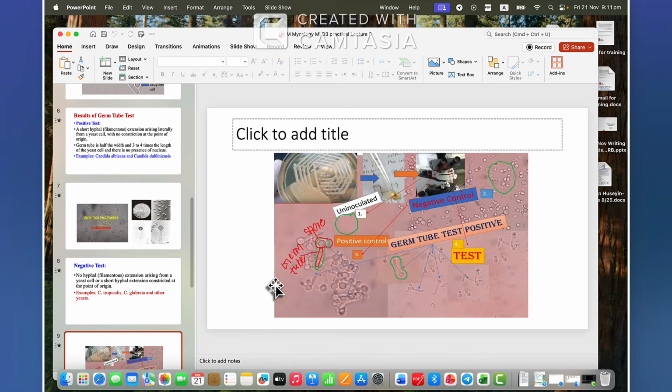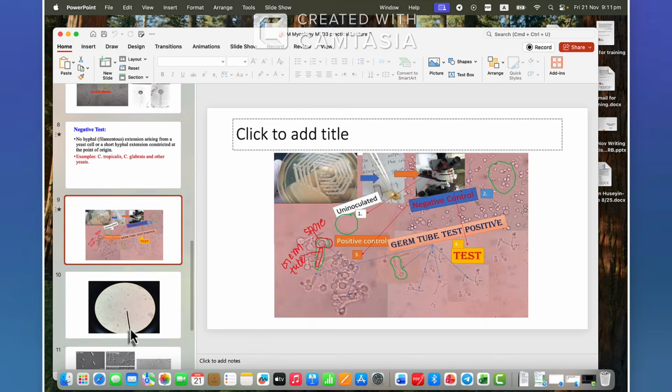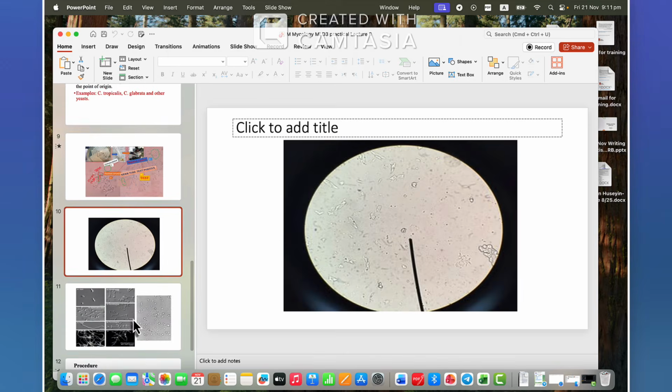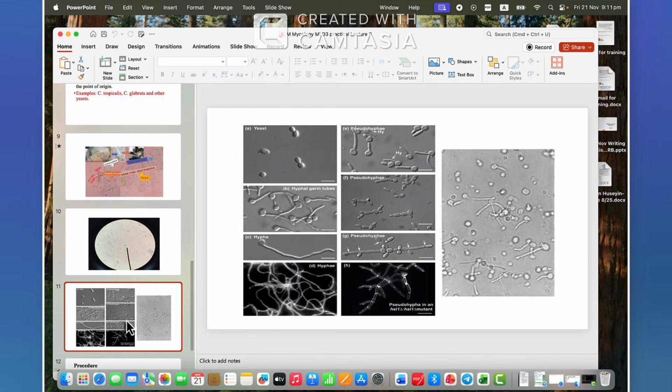Again, this is in the same slide. You find the positive and negative. Look, this is the positive, and the others are negative. Again, under the microscope, you'll find like this. Under the microscope, more slides.